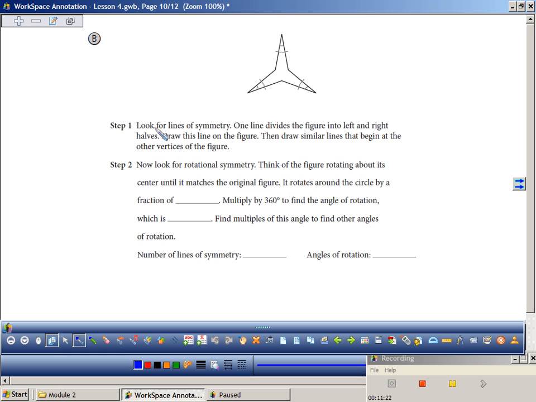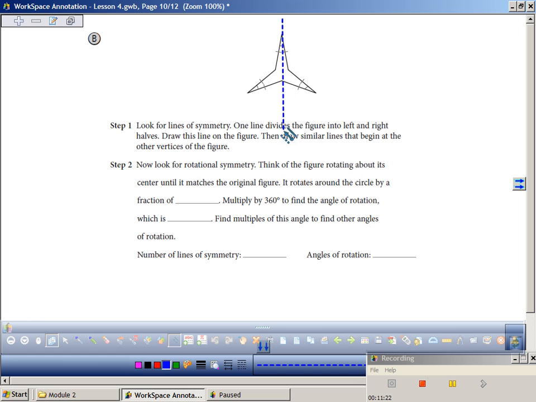But this one: look for lines of symmetry. One line divides the figure into left and right halves. Let's do that. Right down the middle? Is there any more? What do you think, Nanny? Is there more?